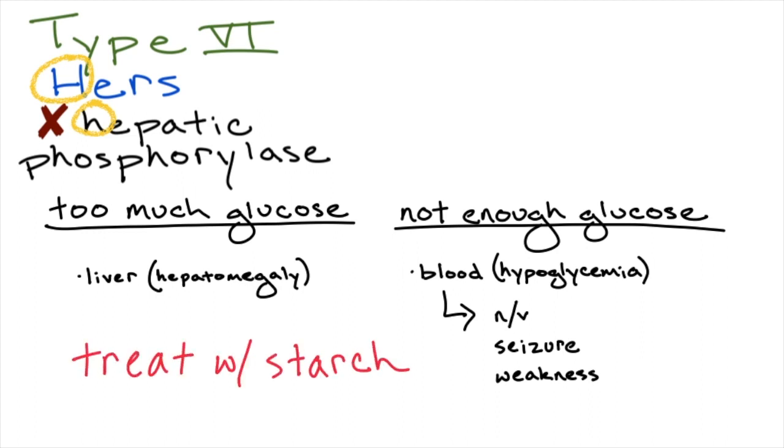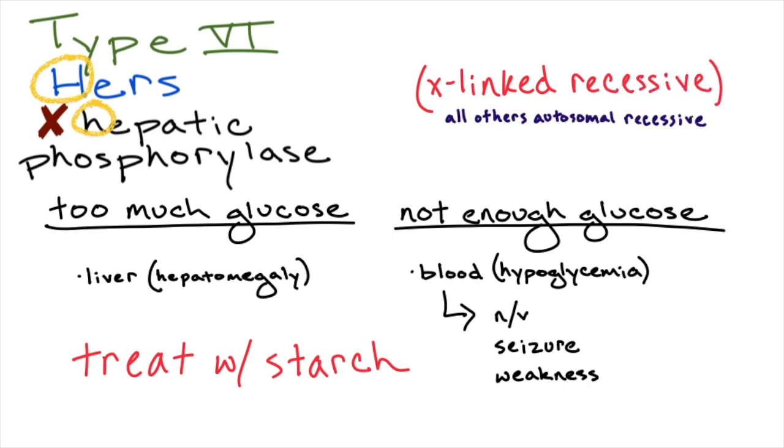Treat it accordingly with starch. Another super fun fact, this time about HERS disease, is that it's the only GSD we'll discuss today that is X-linked recessive rather than autosomal recessive, so it should actually be called his disease.